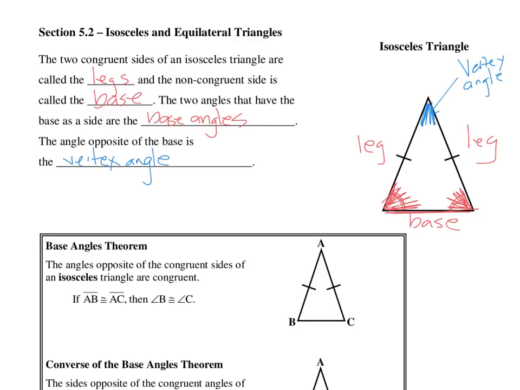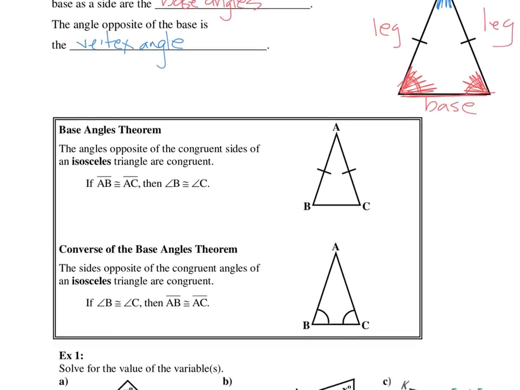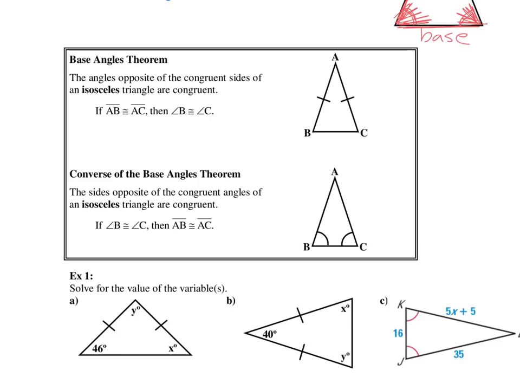Now there's a couple properties with regards to isosceles and equilateral triangles. First we have the base angle theorem, which states that if AB is congruent to AC, so if these sides are congruent, then the angles across from them are congruent.